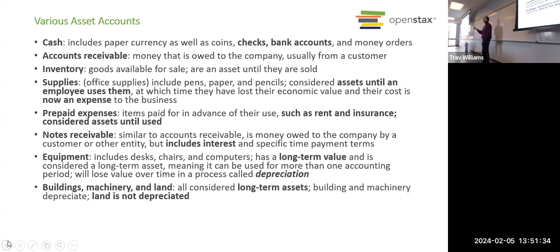And then every month, they would turn part of that into an insurance expense, so that by the end of that year, the entire policy is now considered an expense. Okay. And same thing with rent. You would count it as prepaid rent until the month goes by, and then you would count it as a rent expense.